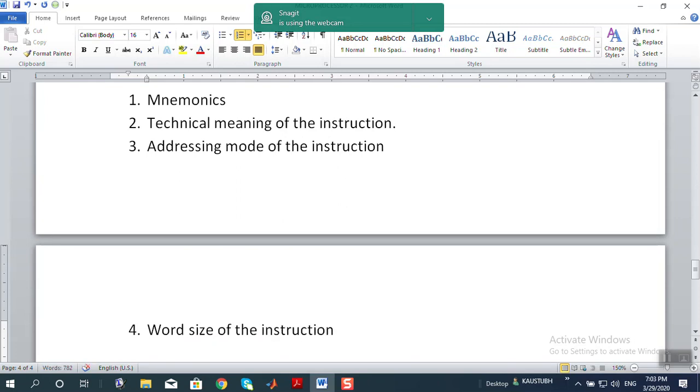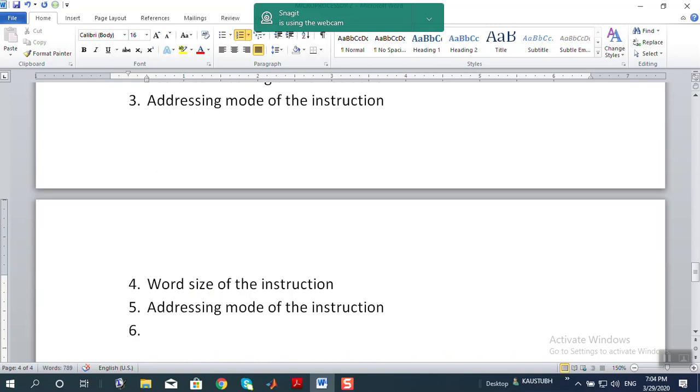In 8085 there are only 3 different word sizes, 1 byte, 2 byte or 3 byte. So for a given instruction we'll find out what the word size is, whether it is 1 byte or 2 byte or 3 byte. Then we'll consider the addressing mode, what addressing mode the instruction follows.